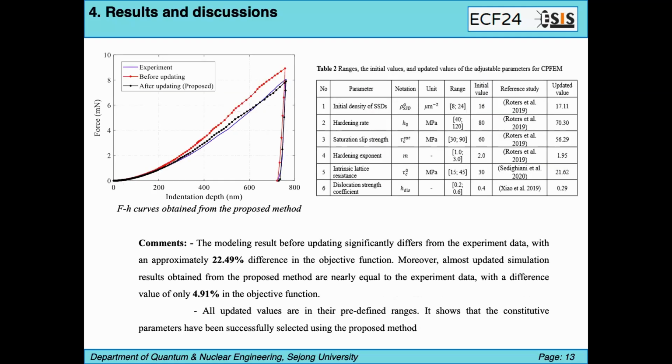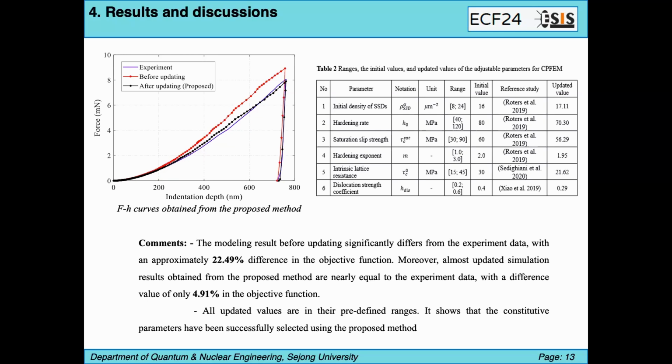And you can see in the left figure, this is the F-h curve obtained from the proposed method. Before the updating, you can see that the simulation differs significantly from the experiment data. The experiment is the blue curve and before updating is the red curve.